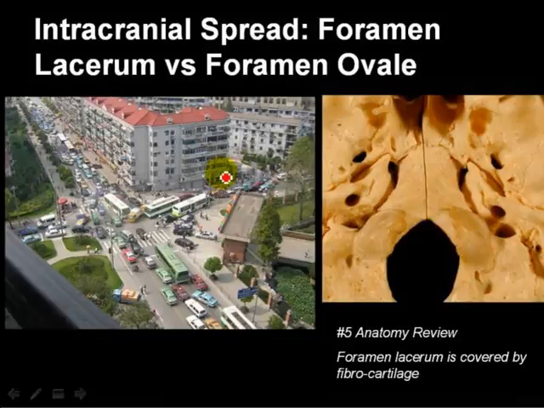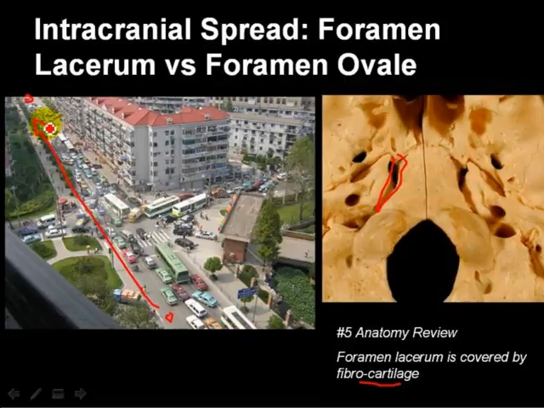The explanation is this. The foramen lacerum in real life is not empty. It is actually covered by fibrocartilage. Now let me draw this analogy for you. If you want to travel from this place to this place, you're going to find it very difficult because of all the traffic jam.